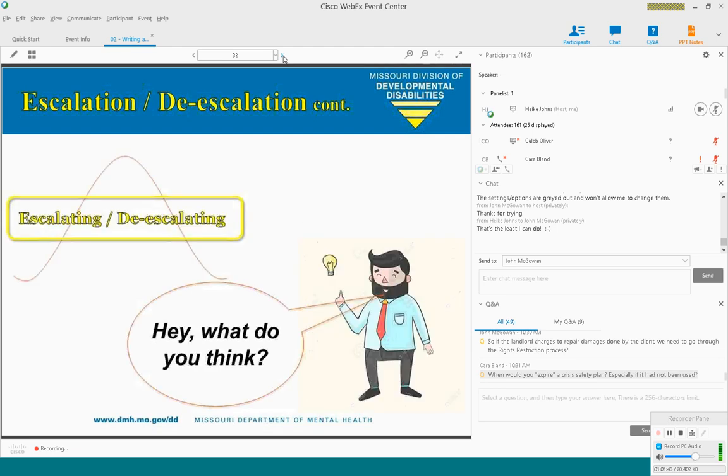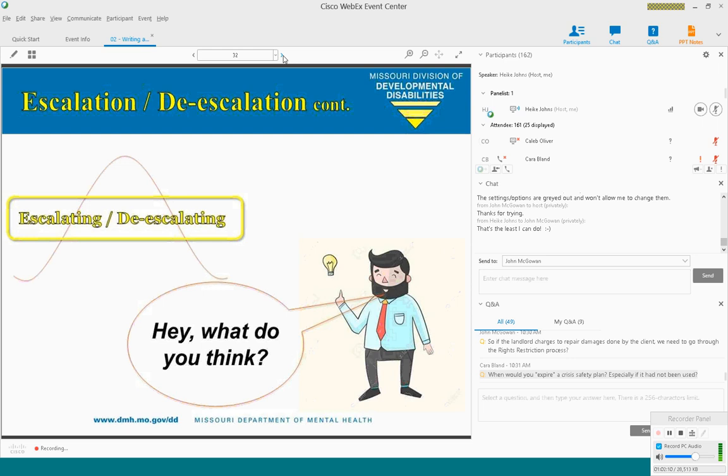And don't forget the person. The person is the best reporter of their own experience, and they should have a part in this process because they know what they like and what they don't like. And so we might just ask them, hey, what do you like to happen when you get upset? Some people like a shoulder to cry on. Some people like space.